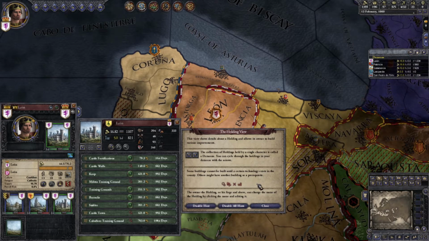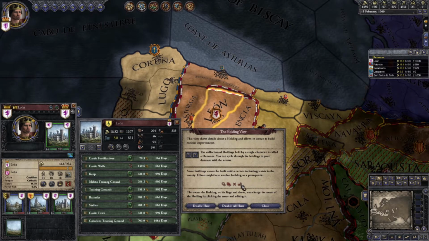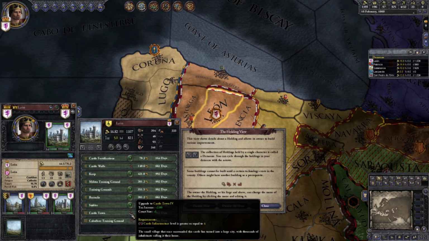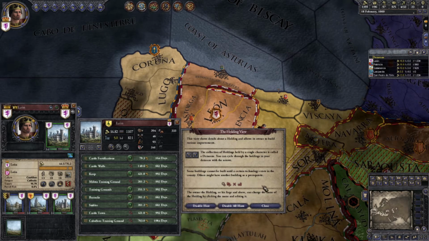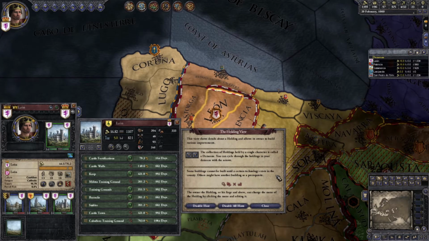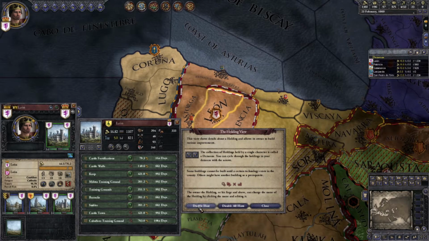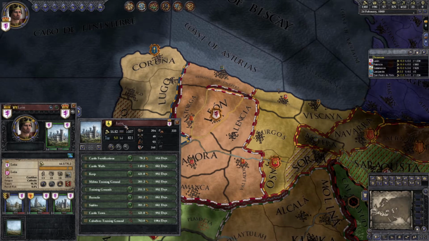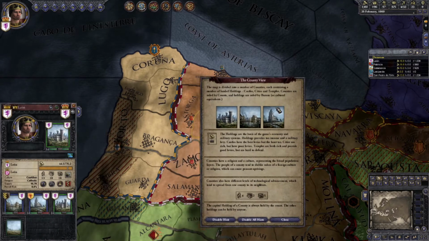Others might have to build another building as a prerequisite. So like the castle town, we need castle infrastructure to be greater or equal to 4. The owner of the holding, or his liege, and the above, can change the name of the holding by clicking on the name and editing it. Alright. Now that's cool. Excellent. Oop. Oh god.